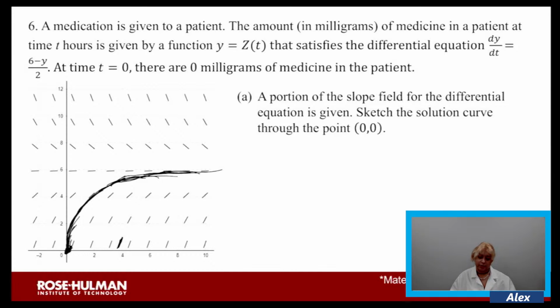So in terms of medicine, maybe that tells you that the medicine is something that is given to them slowly or dissipates to a point where your body is content or stable at 6 milligrams.